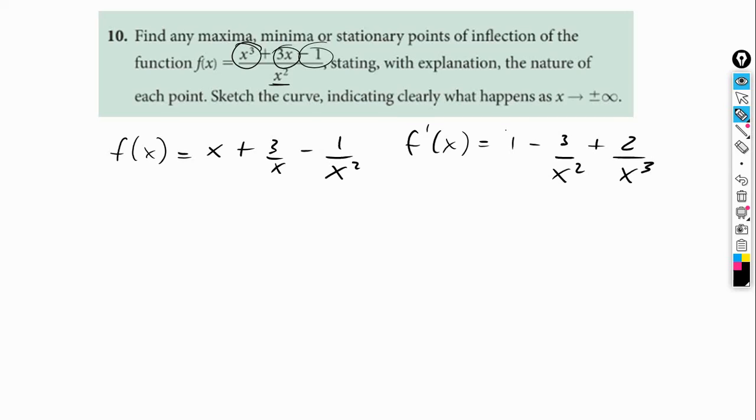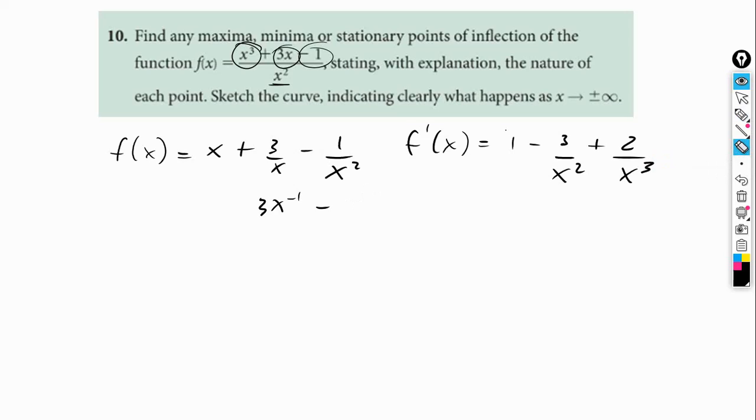So notice that all I'm doing is considering this to be 3 times x to the minus 1, and this will be minus x to the minus 2, excuse me. So when I send this to multiply and then subtract 1, this is what I get over here to the right. Okay, so they want us to find stationary points.